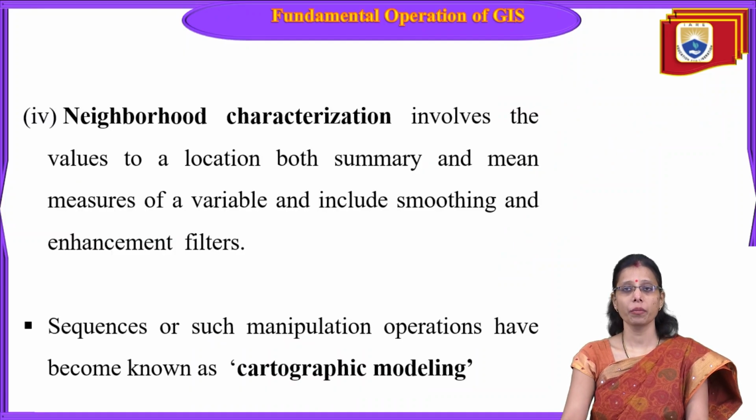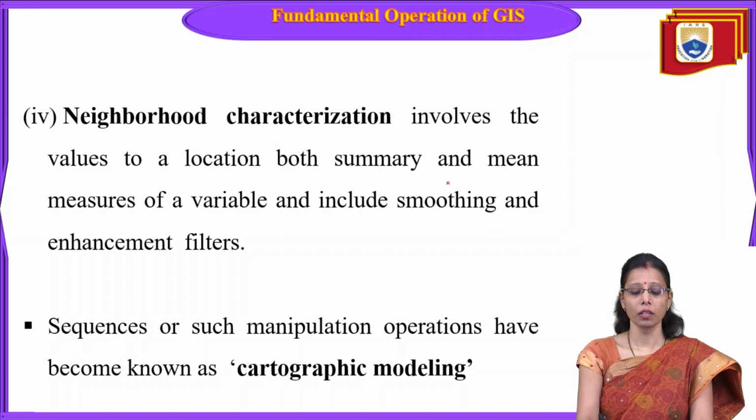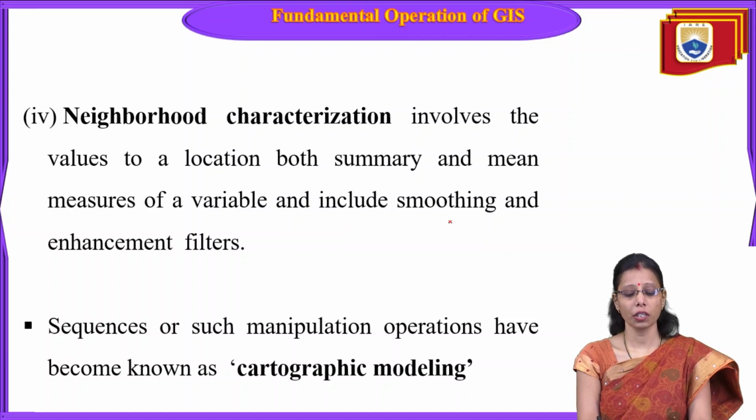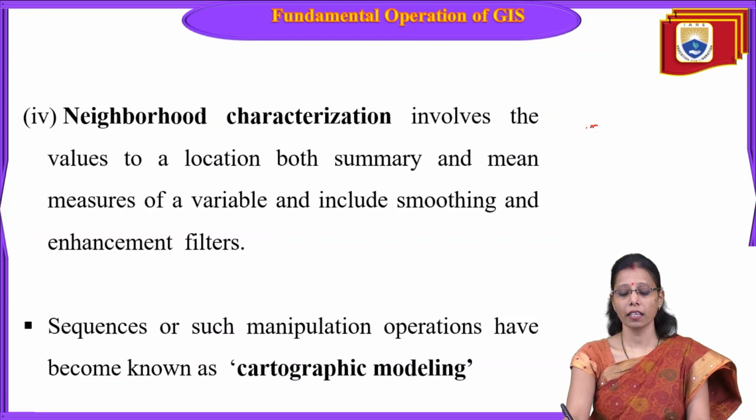Now coming to neighborhood characterization. Neighborhood characterization involves assigning values to a location, both summary and mean measures of a variable, and includes smoothing and enhancement filters. Neighborhood means around a feature, what kind of feature it is. For example, you have a forest boundary here.